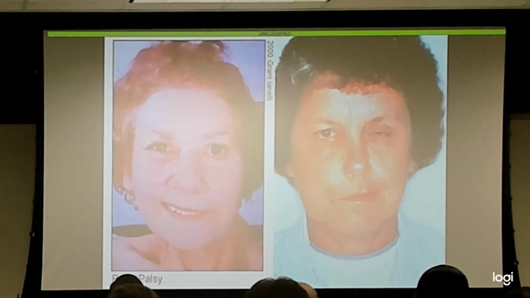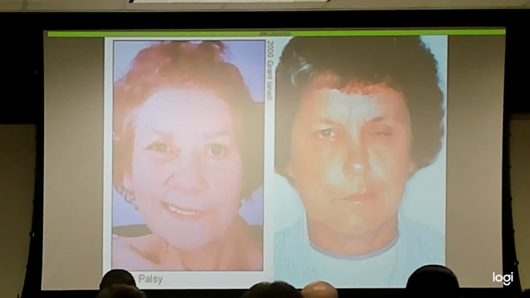You make them smile, make them frown, make them wrinkle their forehead, make them close their eyes. So right there, they're making her smile. Her right lip corner is going up. That means the right side is actually working, which means her left side is not working. So she has Bell's palsy on her left side.